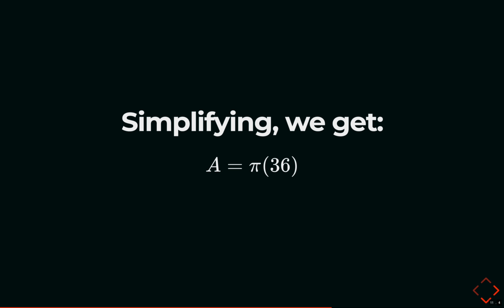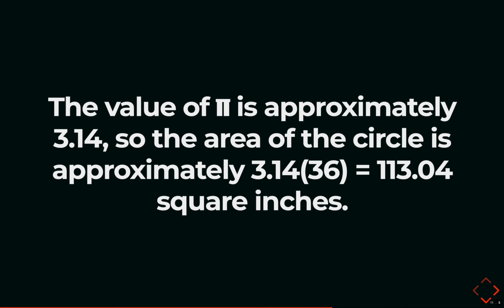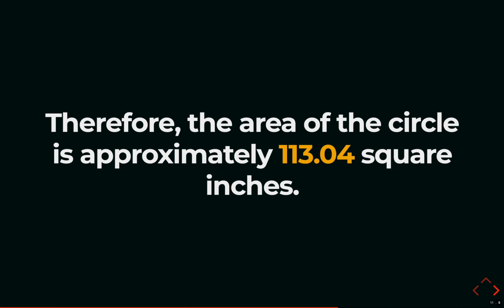Simplifying, we get A equals pi times 36. The value of pi is approximately 3.14, so the area of the circle is approximately 3.14 times 36, giving us 113.04 square inches. Therefore, the area of the circle is approximately 113.04 square inches.